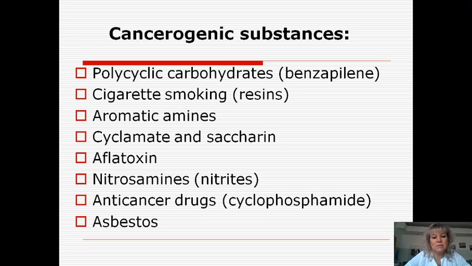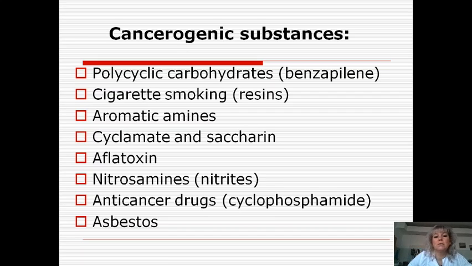Aromatic amines can lead to cancer in the urinary bladder; cyclamate and saccharin, to cancers of the GIT; also aflatoxin, nitrosamines, nitrates, anti-cancer drugs such as cyclophosphamide. Asbestos can lead to cancer in the lung.